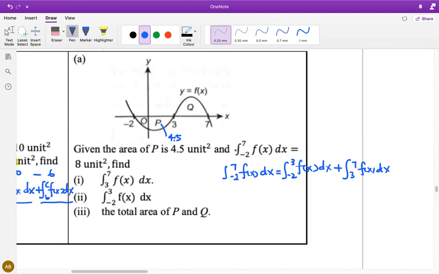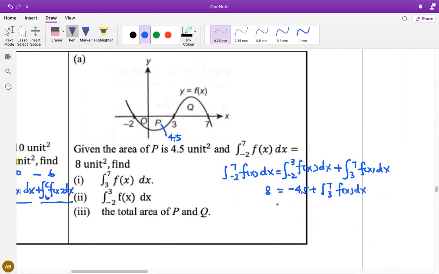So we substitute the value in. All right, so this is 8, and this is -4.5. So plus 3 to 7 Fx dx.